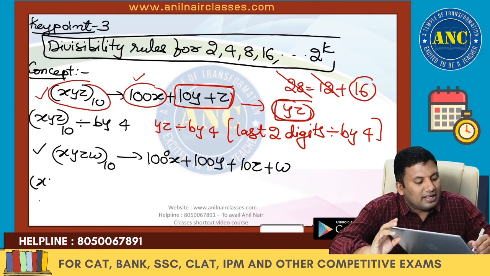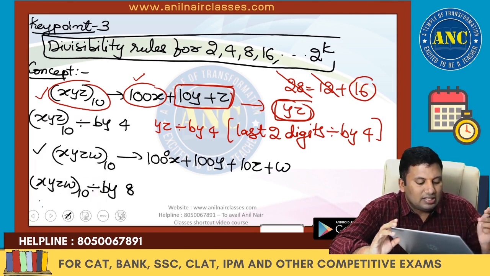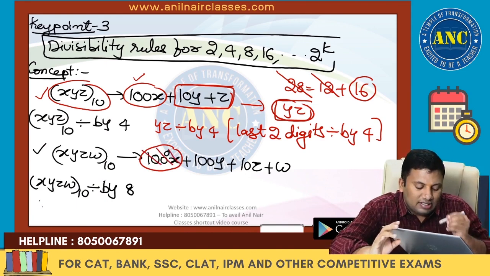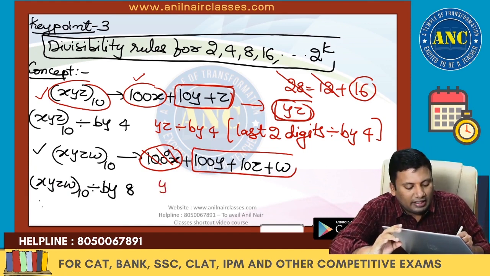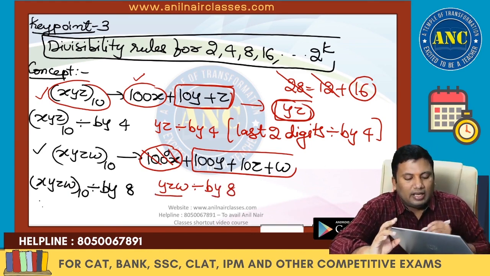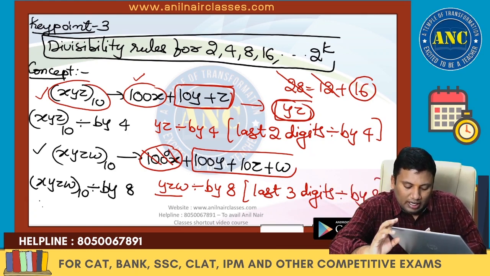If xyzw in base system 10 is divisible by 8, since 1000 is 125 into 8, that part is divisible by 8. This entire number should be divisible by 8. That means yzw should be divisible by 8. Yzw is nothing but the last 3 digits, which should be divisible by 8.